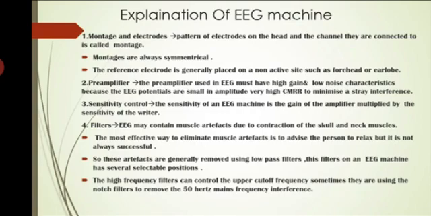The filters on the EEG machine have several selectable positions. The high-frequency filters can control the upper cutoff frequency. Sometimes notch filters are used to remove the 50 Hz frequency from the mains.